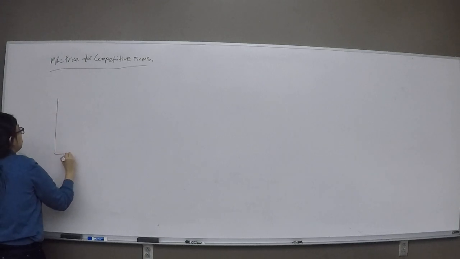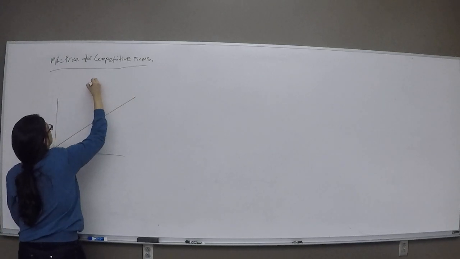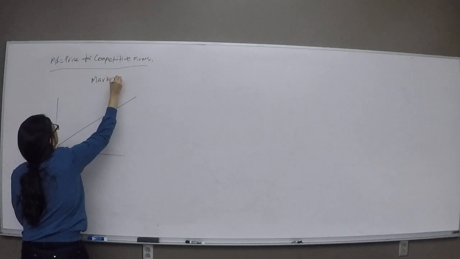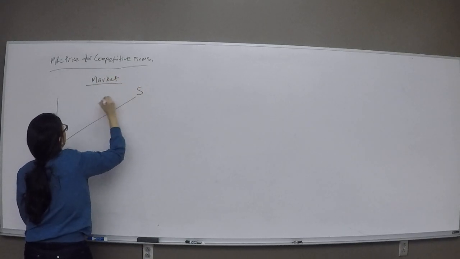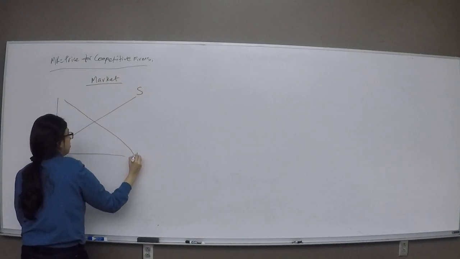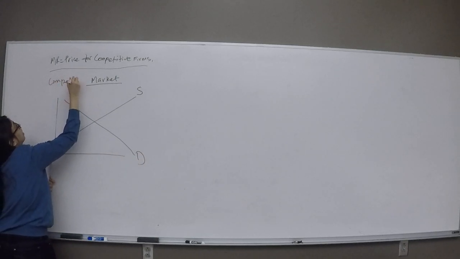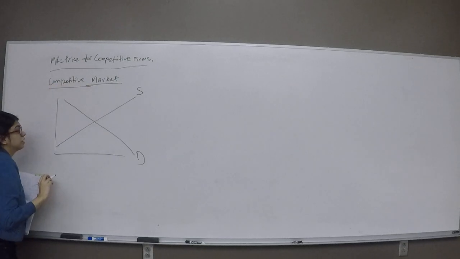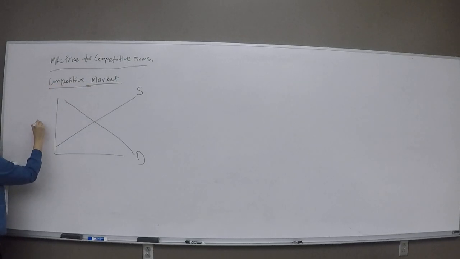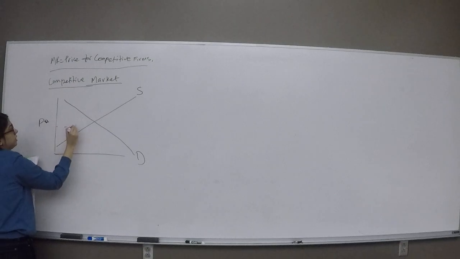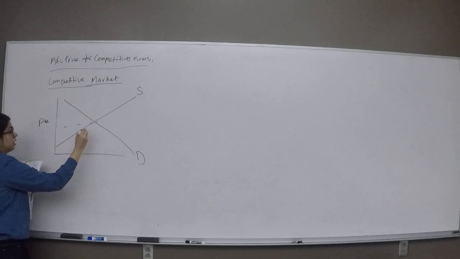Now, this is the market. Supply, demand. It's a competitive market. It decides the equilibrium price, the price the product should be selling.